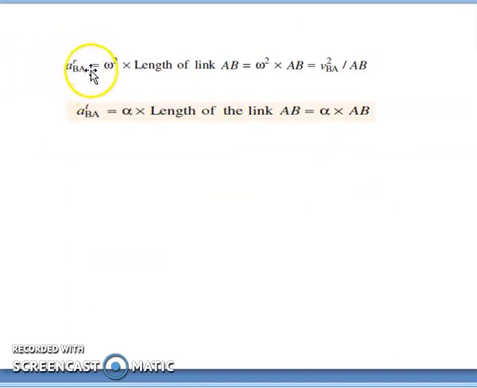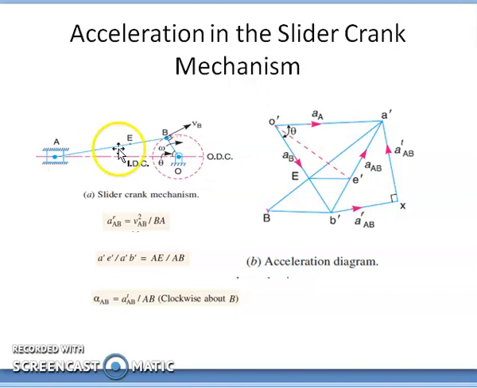The radial component is given by omega square or V square BA by AB, and the tangential component is equal to alpha into AB, where alpha is the angular acceleration, given by the rate of change of velocity. Since here it is rotating with a constant angular velocity, alpha becomes 0.